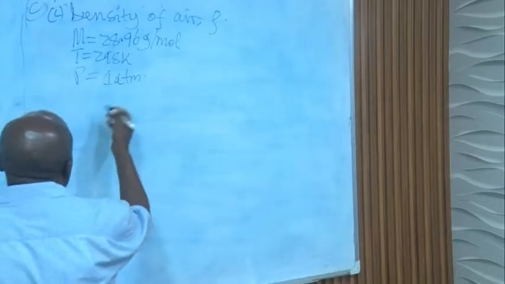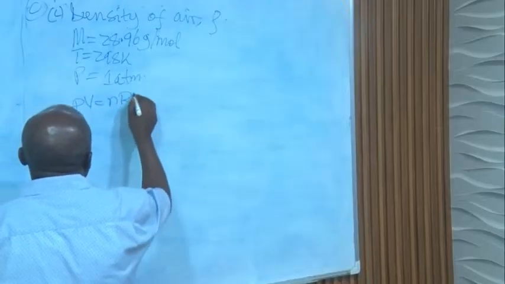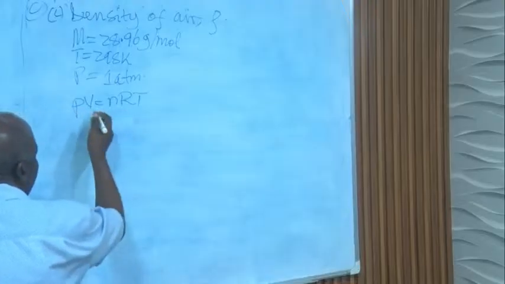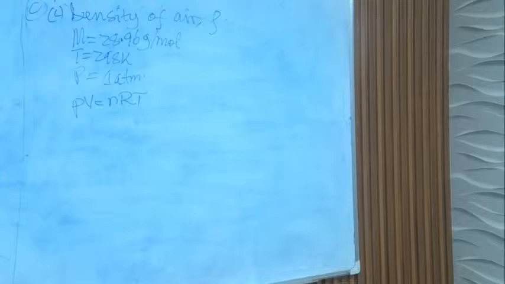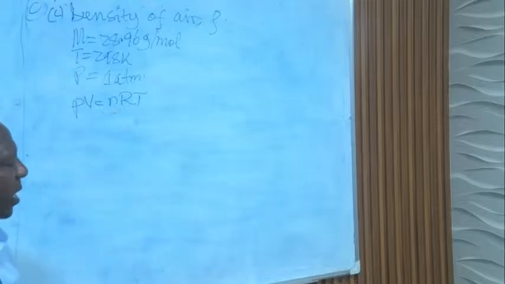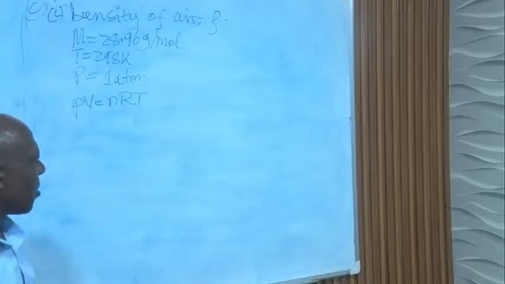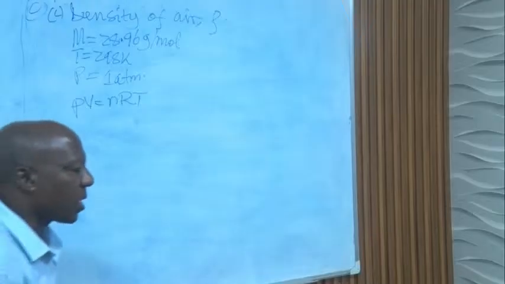The ideal gas equation says that PV is equal to nRT, where P is the pressure, V is the volume occupied by air or gas, n is the number of moles of air or gas, R is the molar gas constant, and T is the absolute temperature, or temperature in Kelvin.